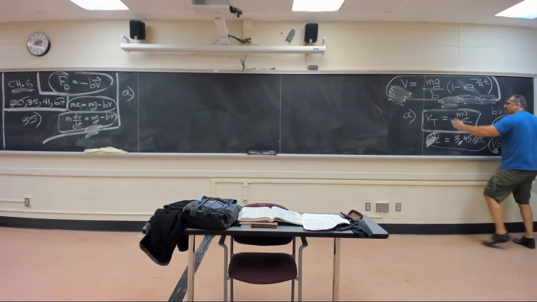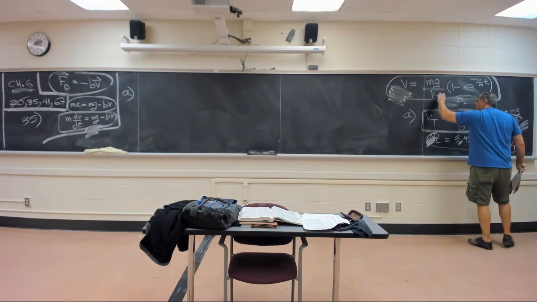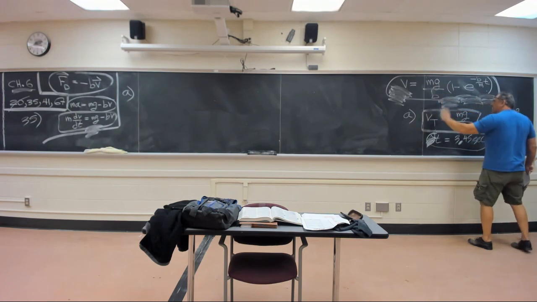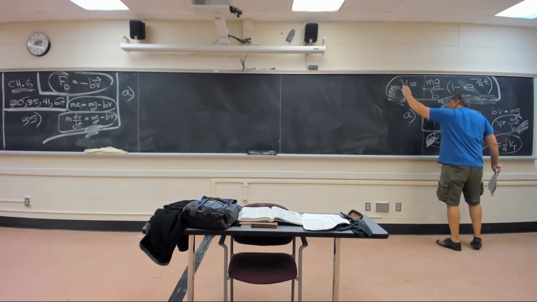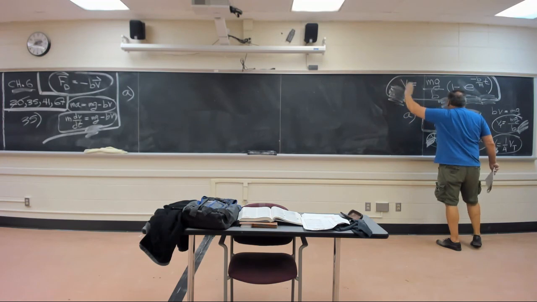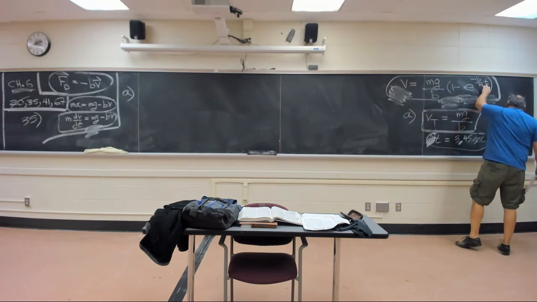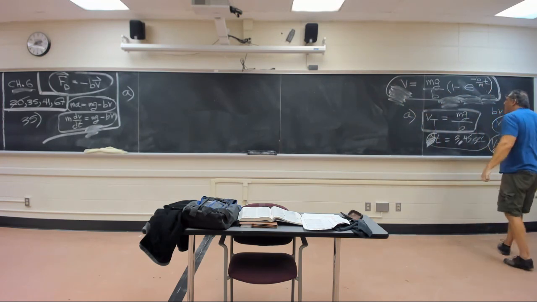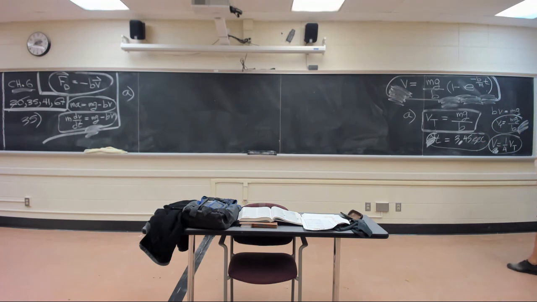Wait a minute. This, mg divided by b, is vt. v is 1/4 vt in this circumstance, and they gave you what this is. I think we're doing pretty good. So to find b won't be too much of a problem.